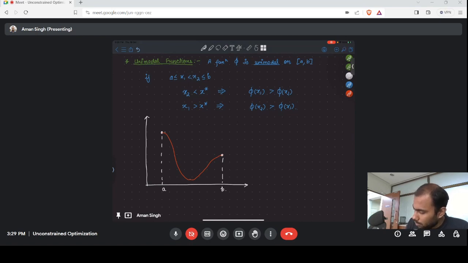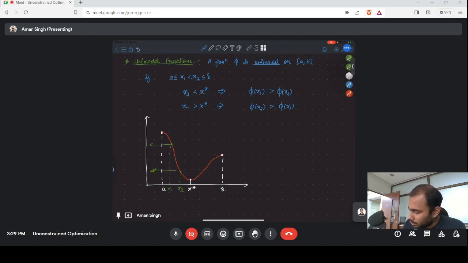If x1 and x2 are two points between a and b, such that x2 is greater than x1, so let's say we find some point x1 here, then x2 should be greater. So if both x1 and x2 are less than x star, then f(x1) here is greater than f(x2), correct?